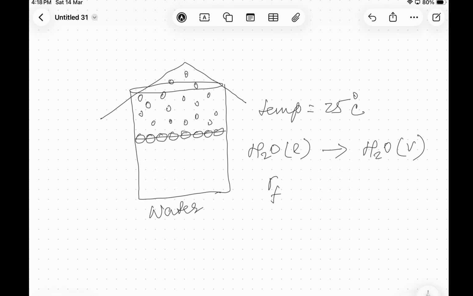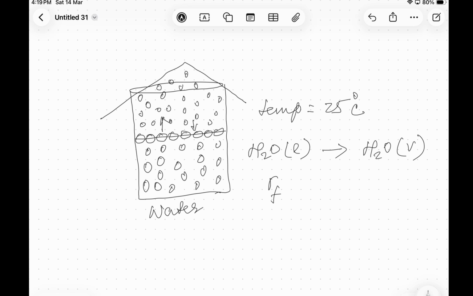But after some time, when the space over the liquid contains a larger number of vapor molecules, some of the vapor molecules come closer to the surface of liquid, and then the reverse reaction, that means condensation, starts.